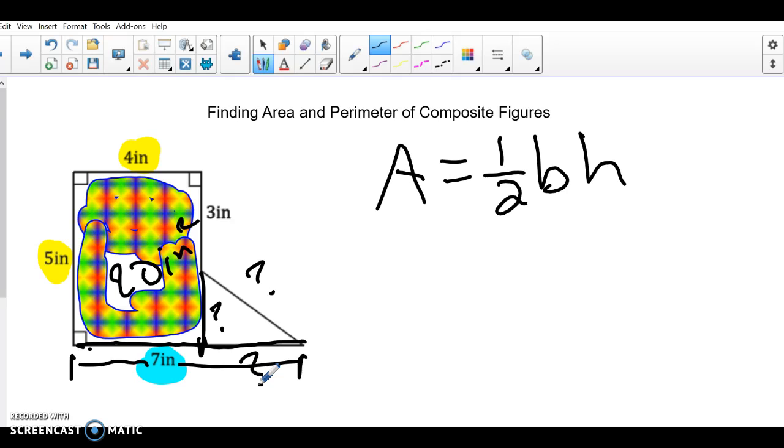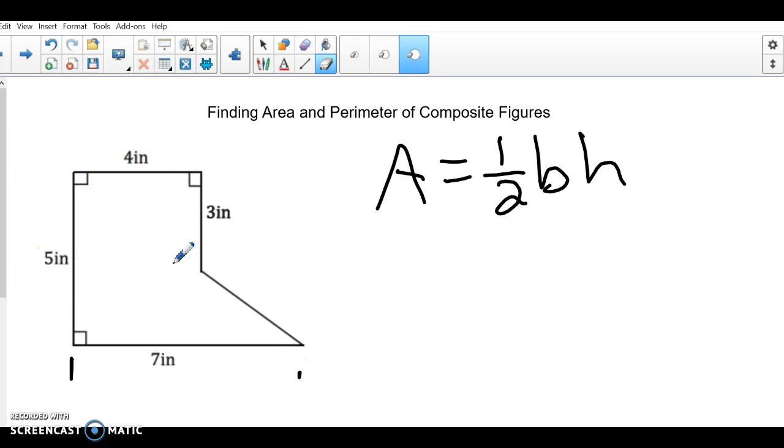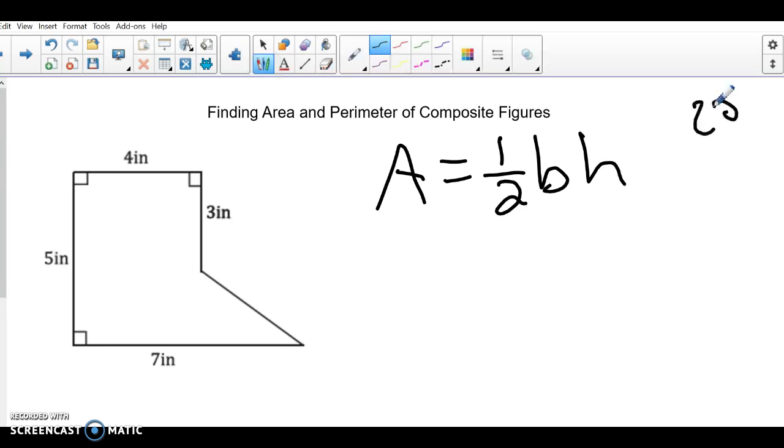So at first glance, it appears as if we don't have the dimensions of the triangle. But what we're going to do is take some of our other numbers and look at those. To do that, I'm going to erase all the notations in there so we can look clear and fresh. We're just going to remember that our area is 20.